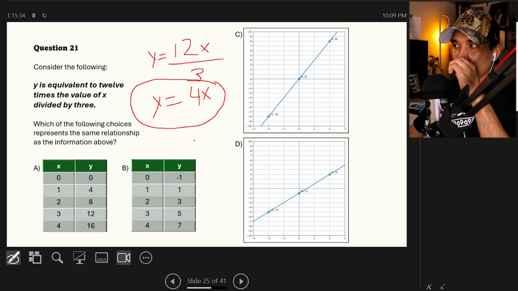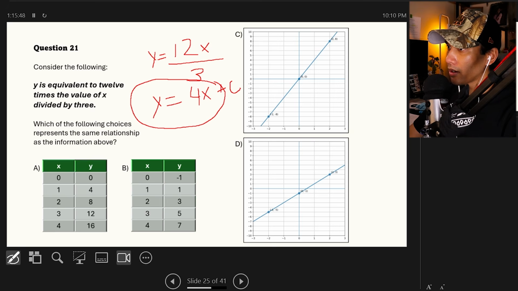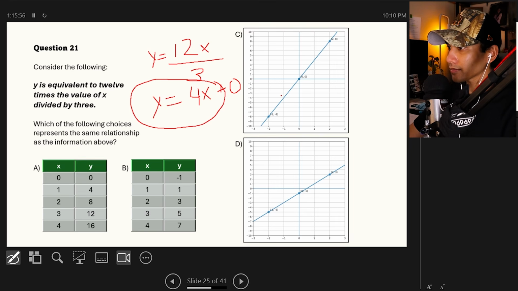And then we would just figure out which of the choices represents the following equation. Okay, so y equals 4x, and then I like to put +0 because that's our intercept. It's at the origin. When you just have a 4x or a 2x or just an x, the origin is at 0. So C could be right.